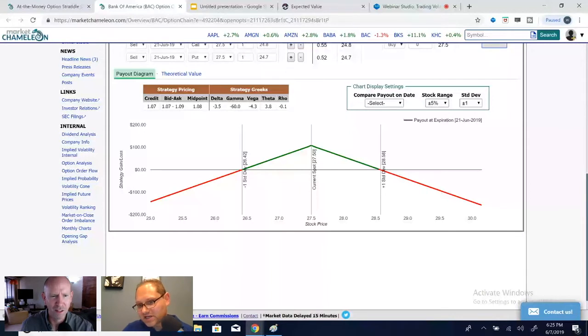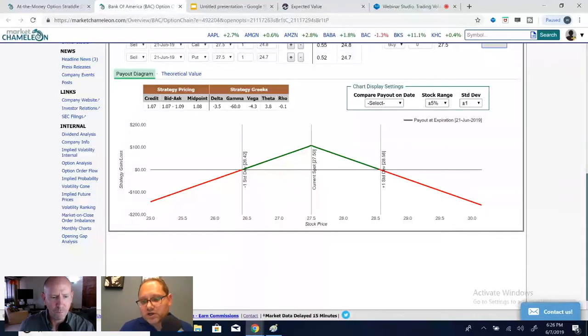To the upside, you don't really know your risk because it could go to infinity. But realistically, in finance, we have to ask what is a more realistic risk. In the next 10 trading days, it's probably not going to go to zero, and it's not going to go to infinity, because that doesn't happen. So you have to look at what your risk is.